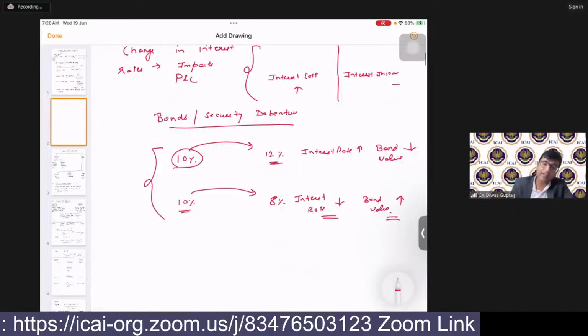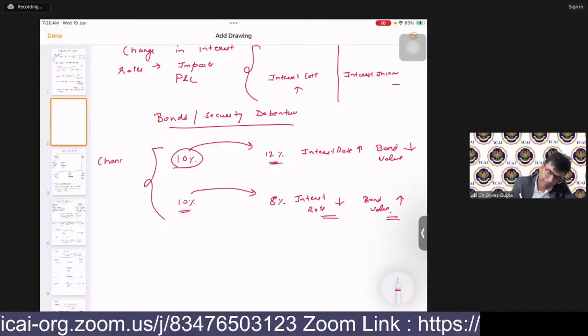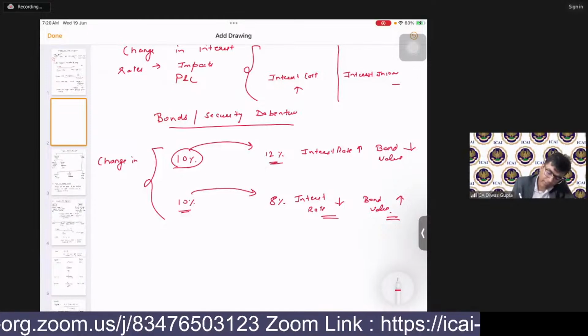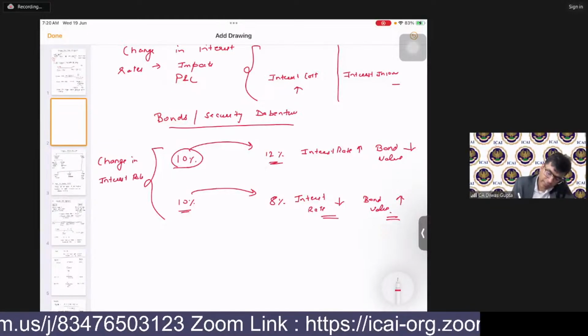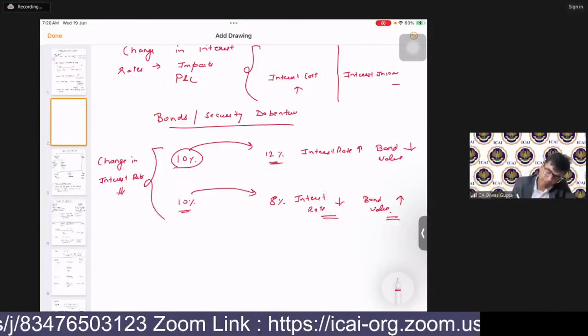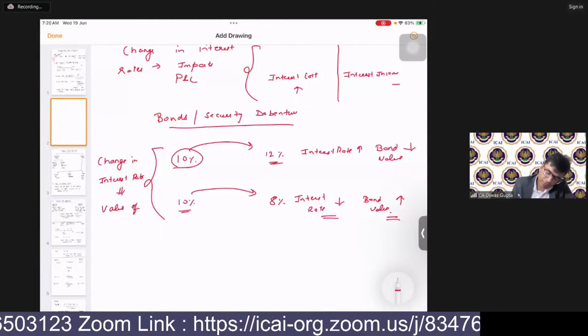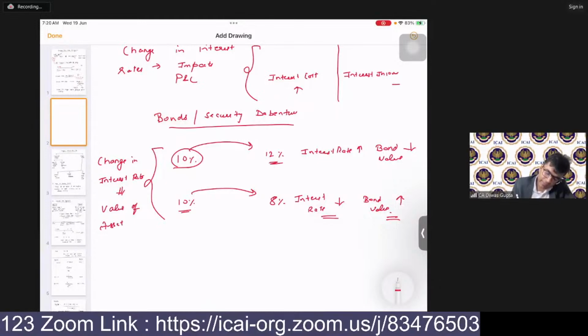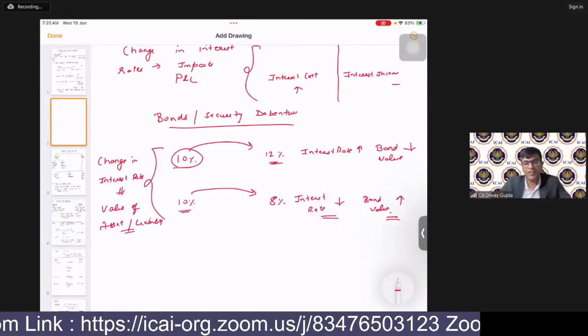And the second takeaway from here is that the change in interest rate also impacts the value of asset/liability. Correct? It also changes that.